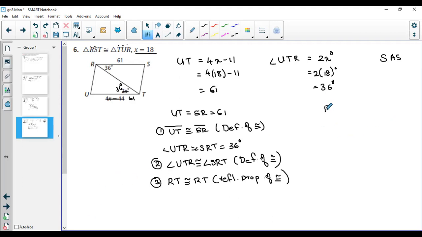But if you're writing, you could say RU is parallel to ST, and you could say definition of parallel lines, because you know two parallel lines are always equal. So the final statement is going to be, therefore, triangle RST is congruent to triangle TUR by, if you want, you can write by SAS, or you can leave it here.